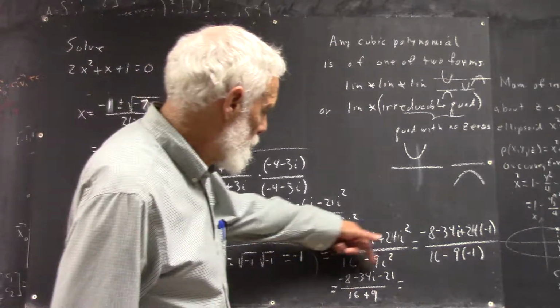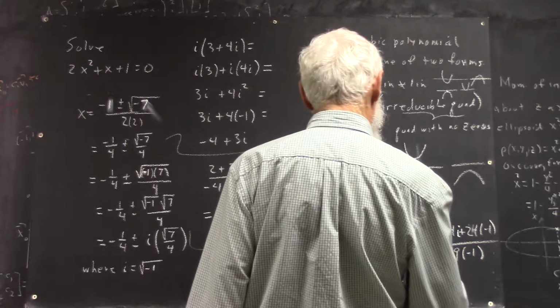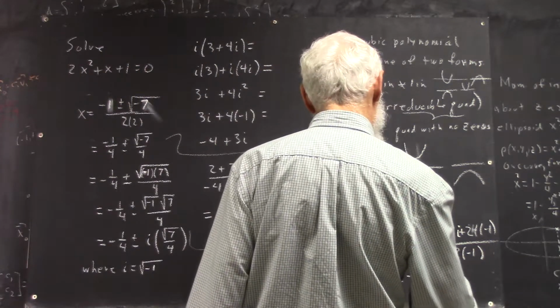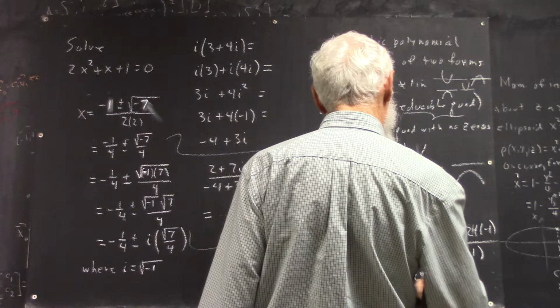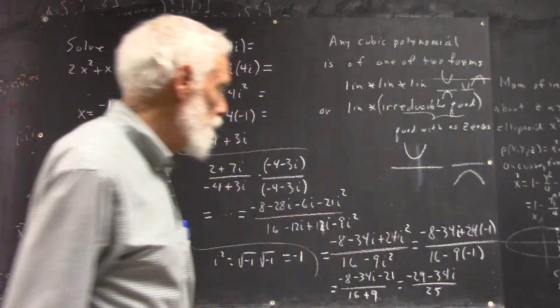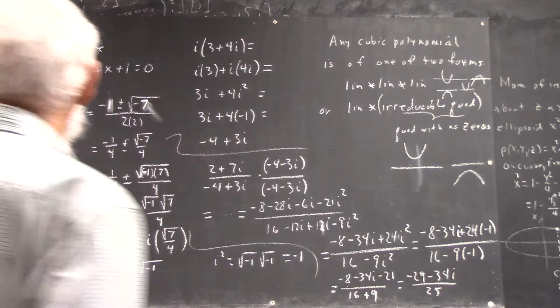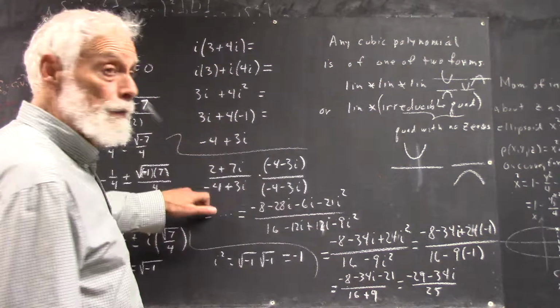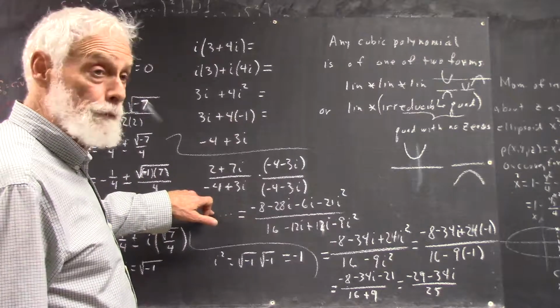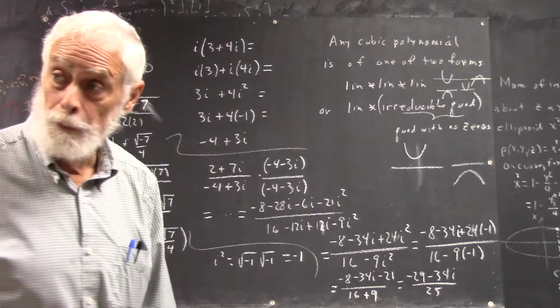And then we have like terms, negative 8, negative 21, and we get negative 29 minus 34i divided by 25. And right there is a perfectly good complex number in simplified form. And that's the result of dividing this by this. Okay? That's how you divide complex numbers.